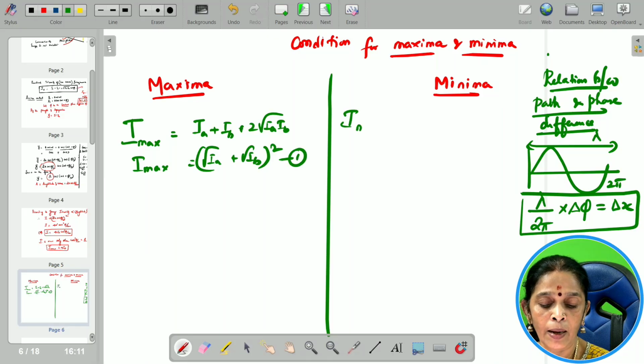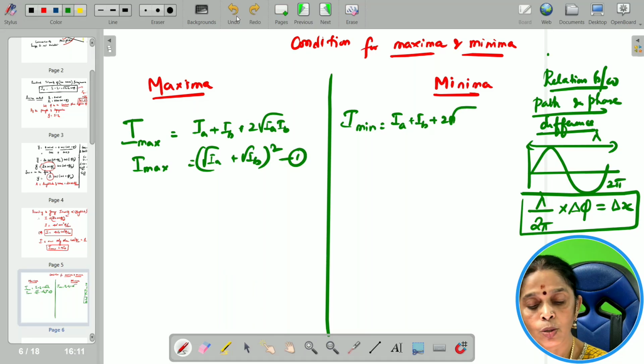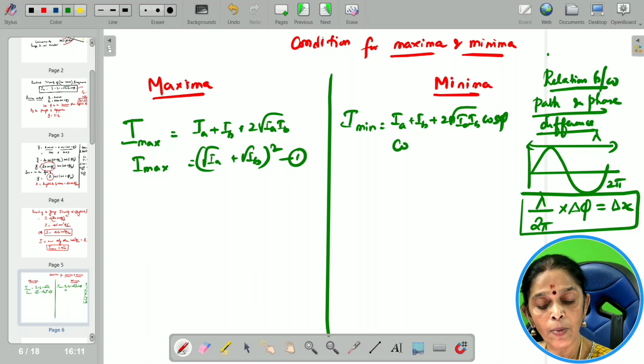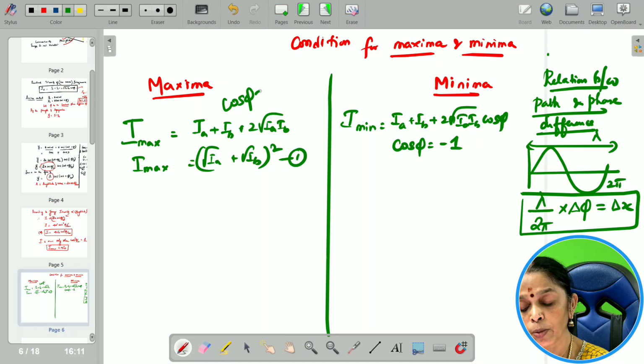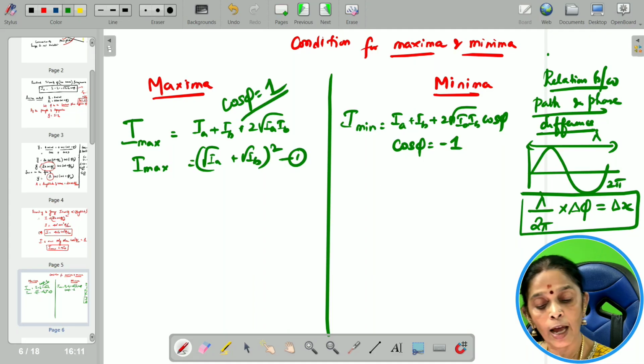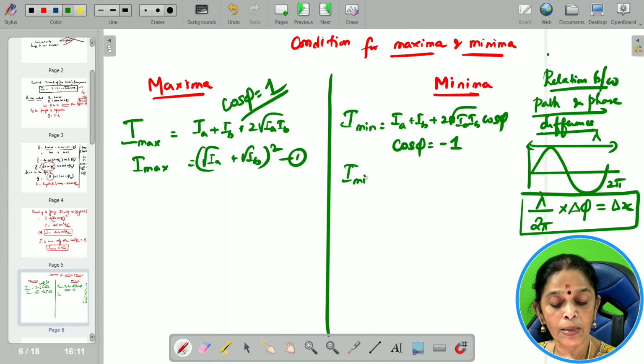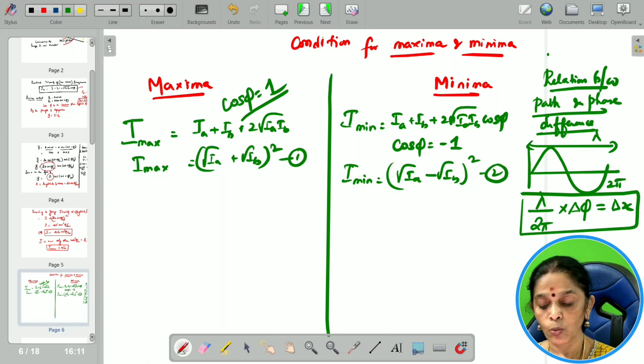Similarly, I minima is equal to IA plus IB plus 2 root IA IB cos phi. Minima means cos phi should be equal to minus 1, and maxima means cos phi should be equal to plus 1. So therefore, I minima can be written as root of IA minus root of IB the whole square. So that is equation number 2.